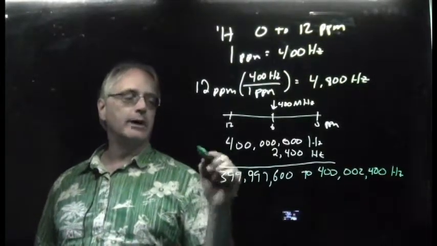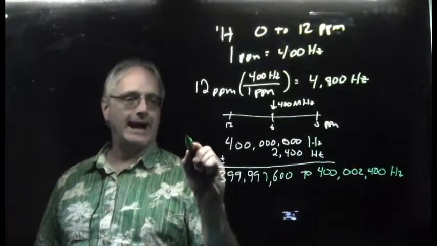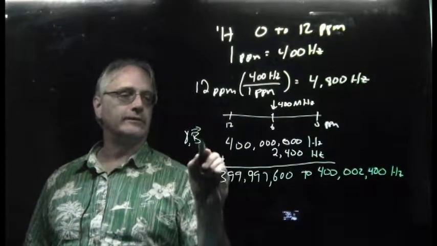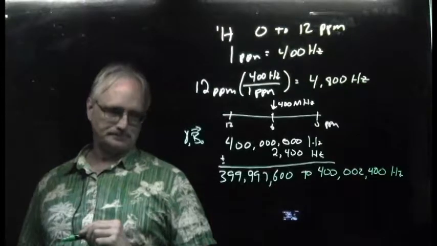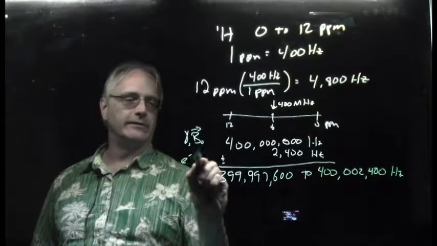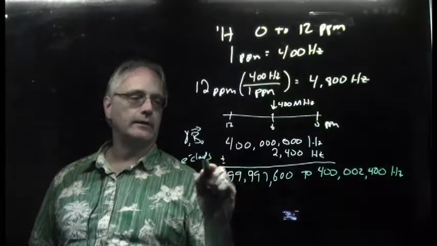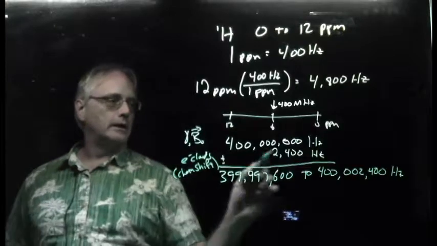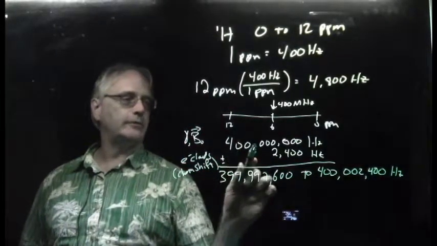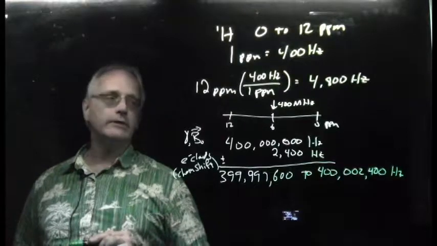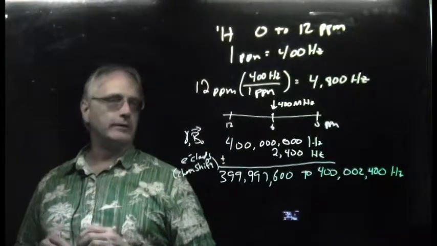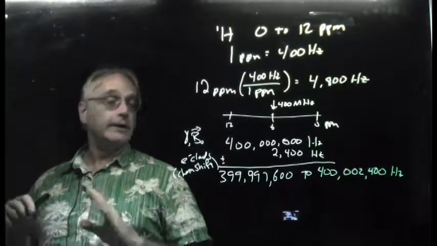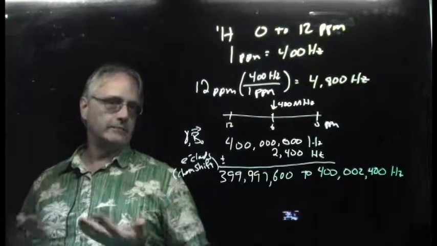This 400 megahertz, this 400 million, that is the influence of the magnetogyric ratio. That is the influence of the big magnetic field. This is the influence of the electron clouds, the chemical shift. That effect is 1, 2, 3, 4, 5, 6 orders of magnitude weaker than the base frequency at 400 megahertz. And so back when we were talking about magnetic nuclei, I said all protons are the same as all protons on our magnet.